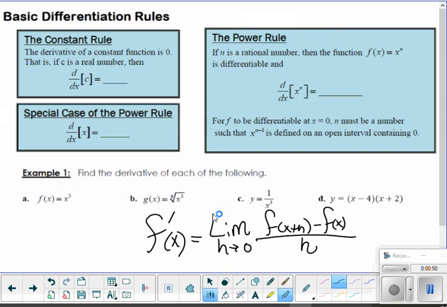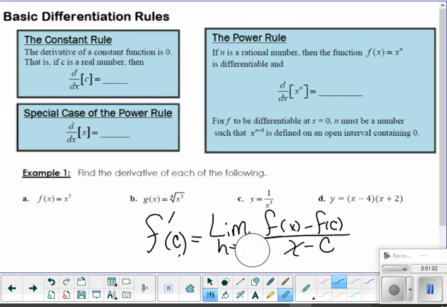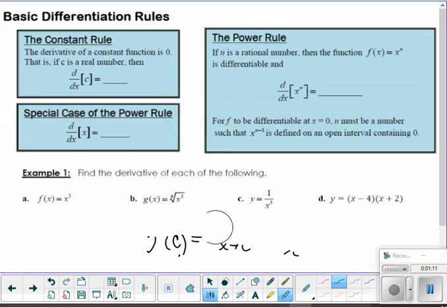We also had a version where we could find it at a point, if you recall, and that formula looked like f of x minus f of c over x minus c, where x was driving towards c. And that one found us the derivative at a point. So today our main focus is going to be learning these shortcut rules so we don't have to do that long limit definition.